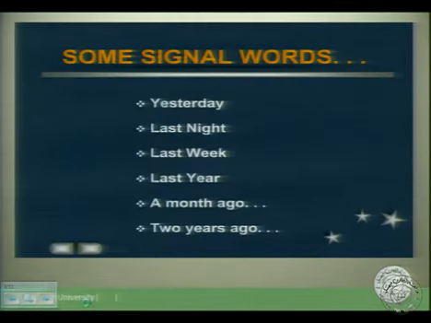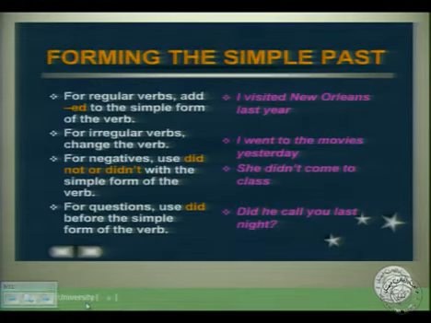Signal words: yesterday, last night, last week, last year, a month ago, 2 years ago. So when you see these signal words in the sentence, you know that they are used for the past tense.